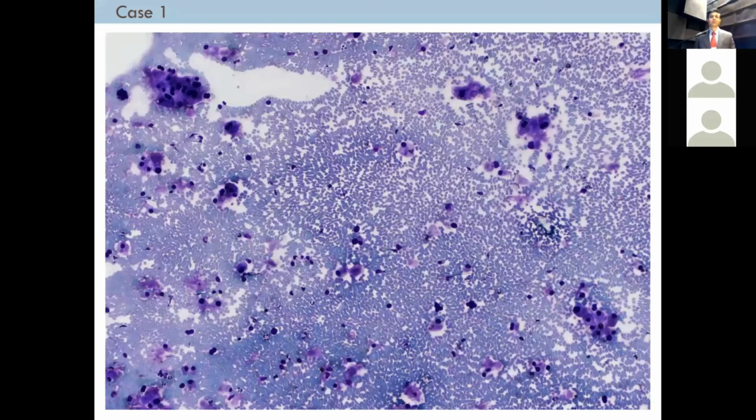And this is the low power image of a Diff-Quik stained smear. As you can see, it is not very cellular, but it is composed of discohesive, variably sized groups of epithelial cells that overall, the appearance is a little bit worrisome, but if you look at the cells, they look rather bland.